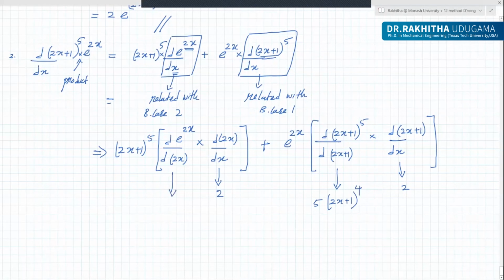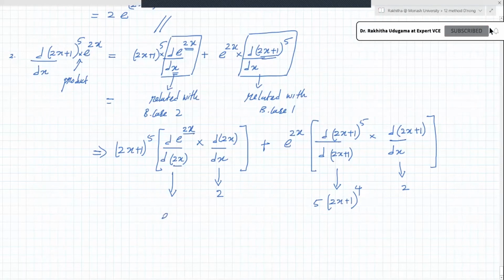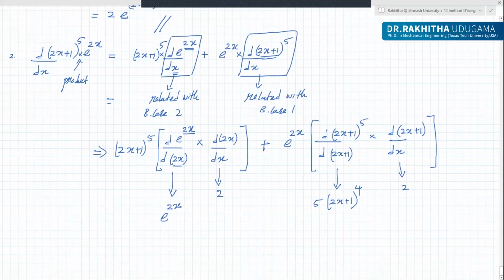Here again mj is satisfied. So if you have that, the answer would be e to the power 2x. Right? You know the base case number 2: d(e^mj) is e^mj, right?